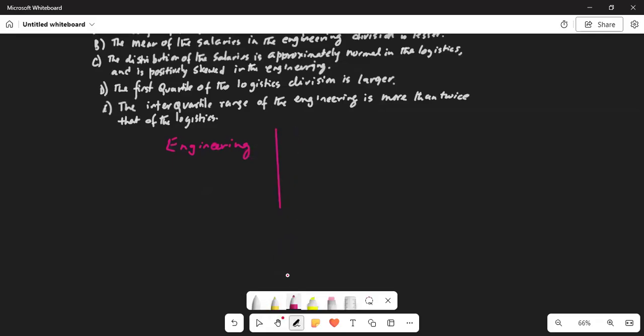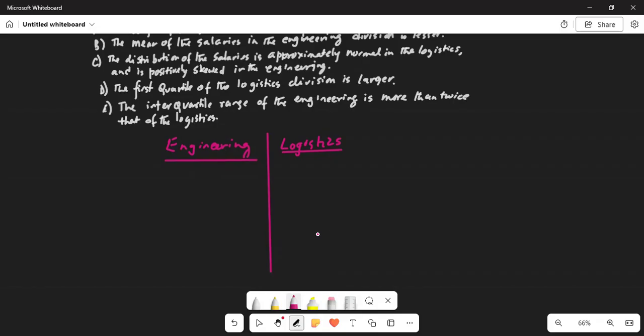Sorry. Let me erase this and draw it again. So logistics. Remember, logistics is in L1 of my calculator. I'll get the mean and the 5 number summary. Okay, so let's do it for logistics.